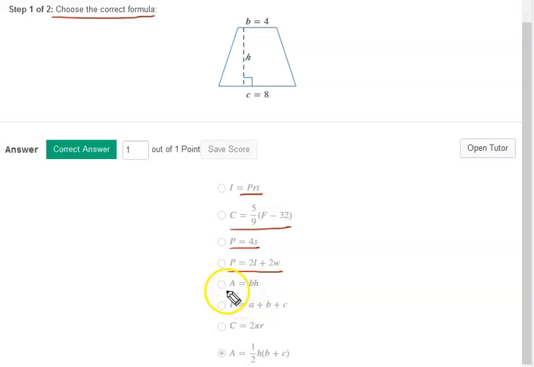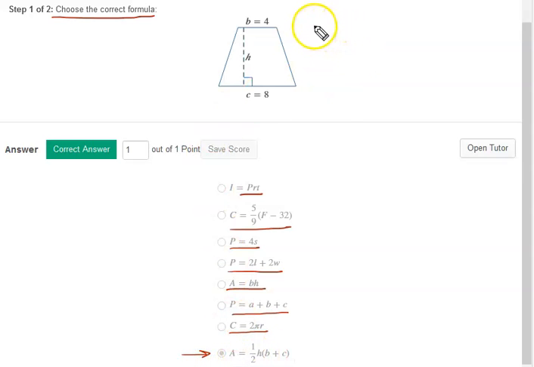This would be the formula for an area of a rectangle or a parallelogram, perimeter of a triangle, circumference of a circle. Way at the bottom here. There's the formula for a trapezoid.